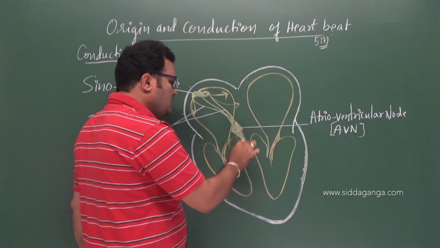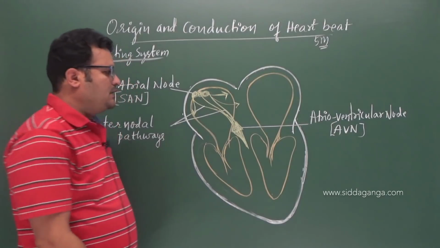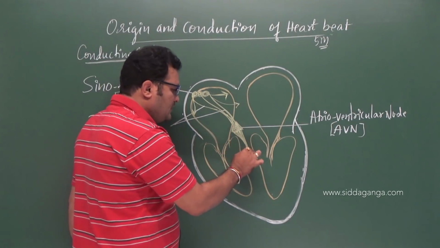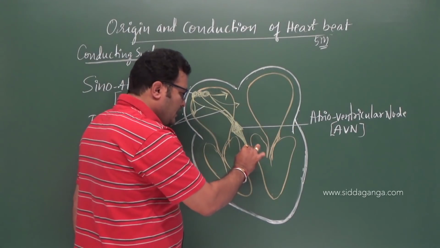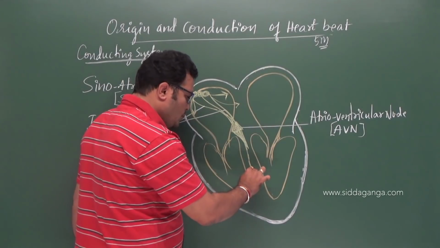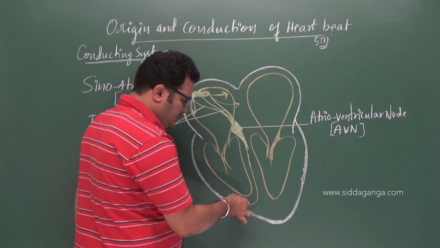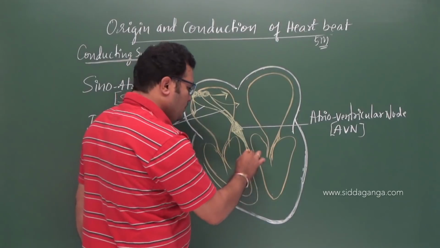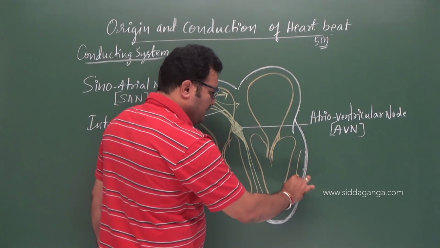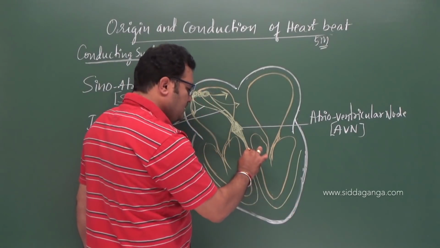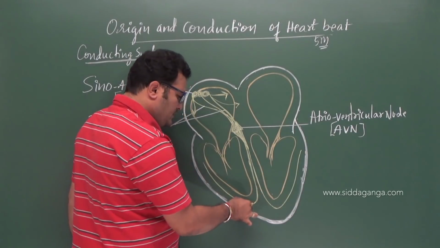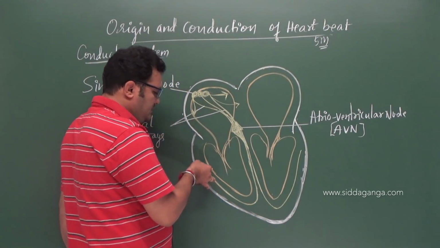It leads down in the interventricular septum. Again there is a system of muscle fibers, and this gets branched into two bundles. One is the right bundle branch, another is the left bundle branch, which surround the ventricles on their side.